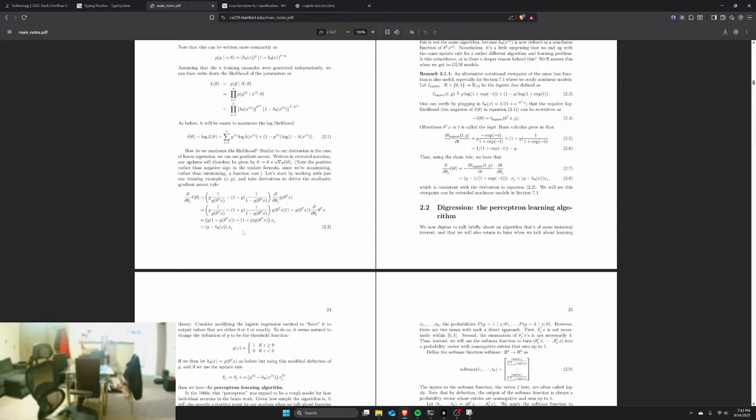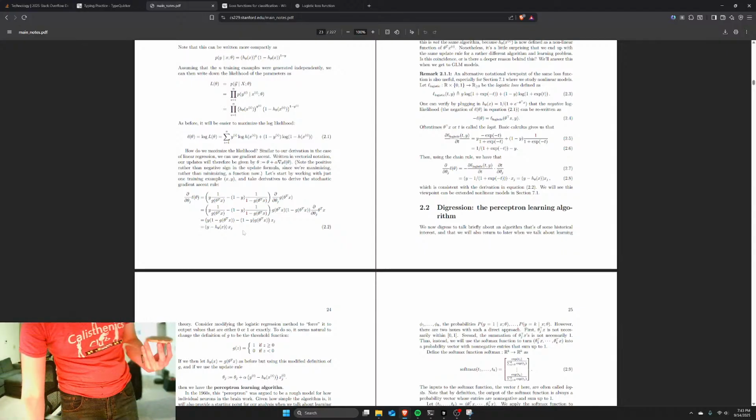So much peanut butter on this. Too much peanut butter on these. Okay.